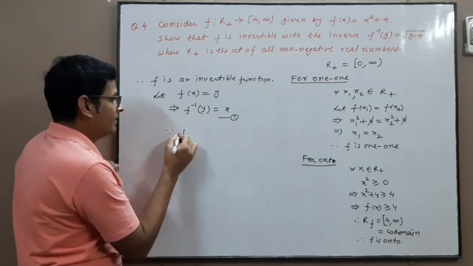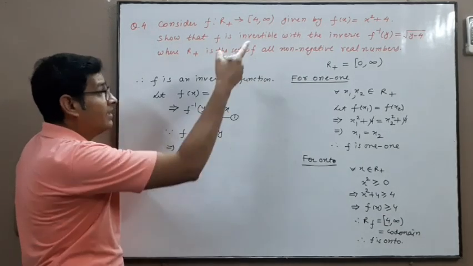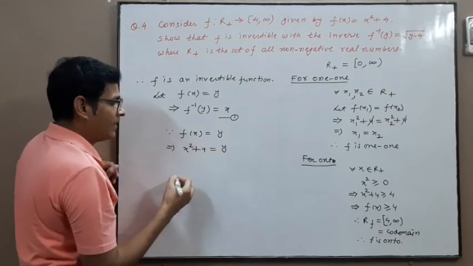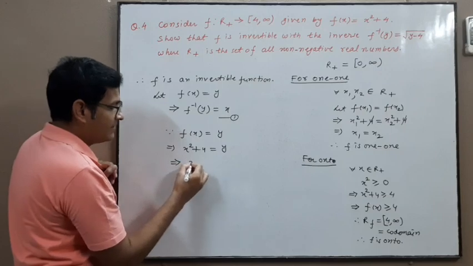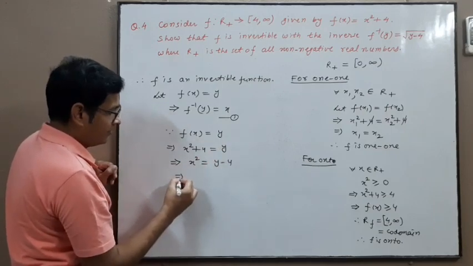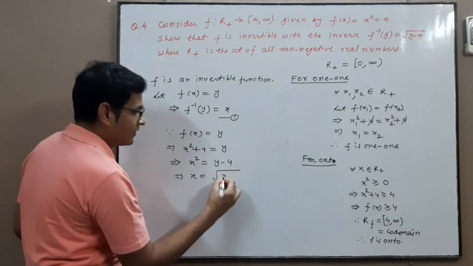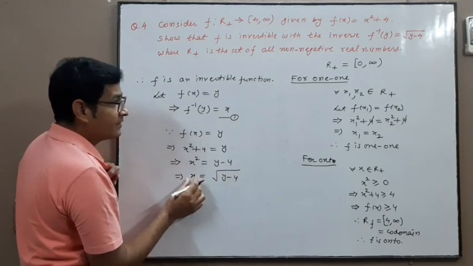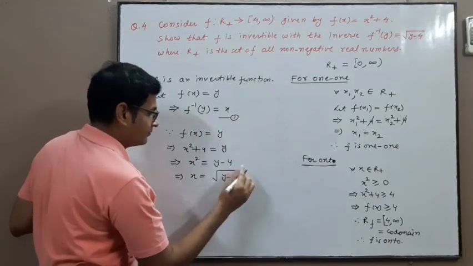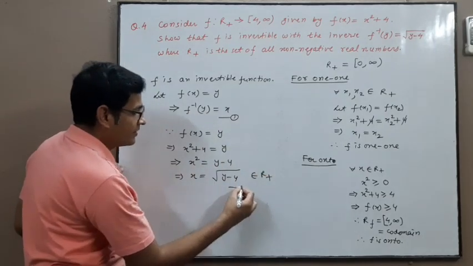Now since f(x) equal to y, f(x) means x square plus 4, so x square plus 4 equal to y implies x square equal to y minus 4. So x equal to, take only positive sign because x is a positive real number, x belong to R plus, so take only plus sign. Give equation number 2.